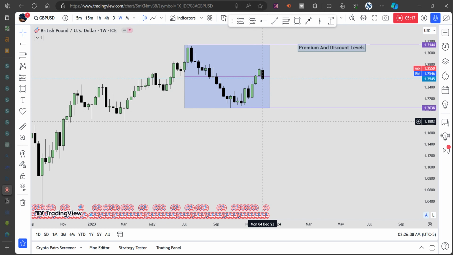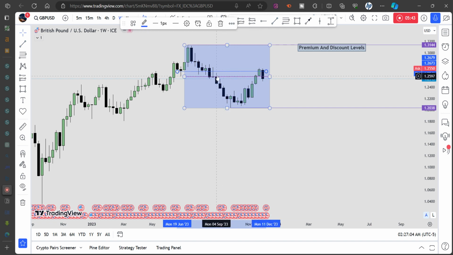Now, of course, price did not just touch the premium level and then sell off. It touched something at that level. What it touched is called a key level, and that is right there. This old low plus this bullish order block right there.